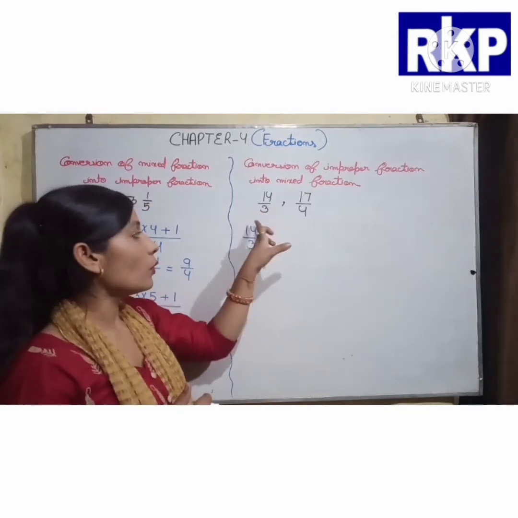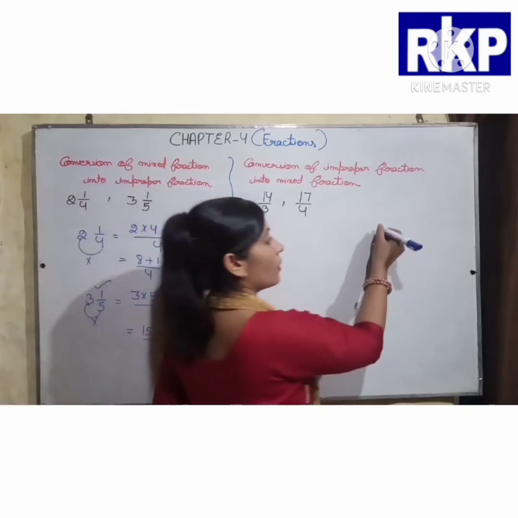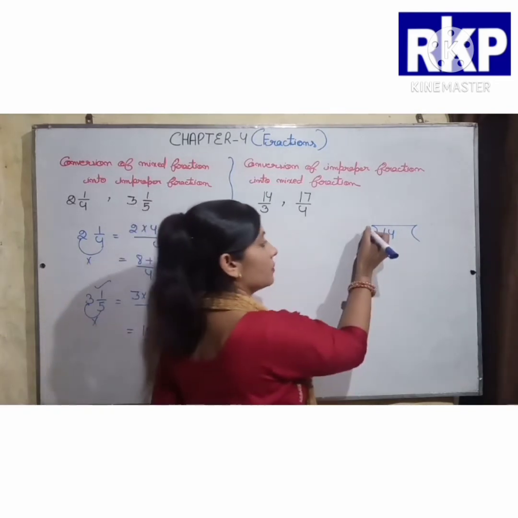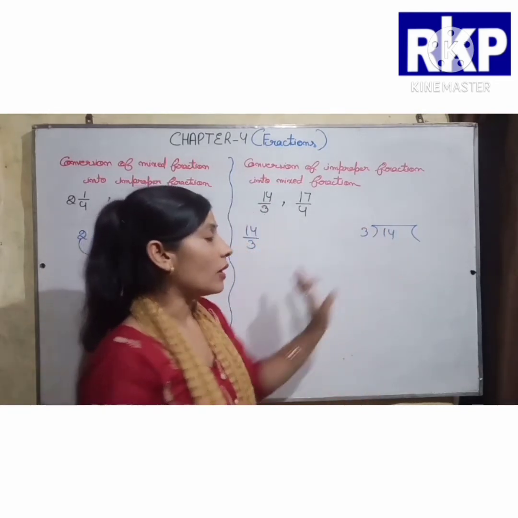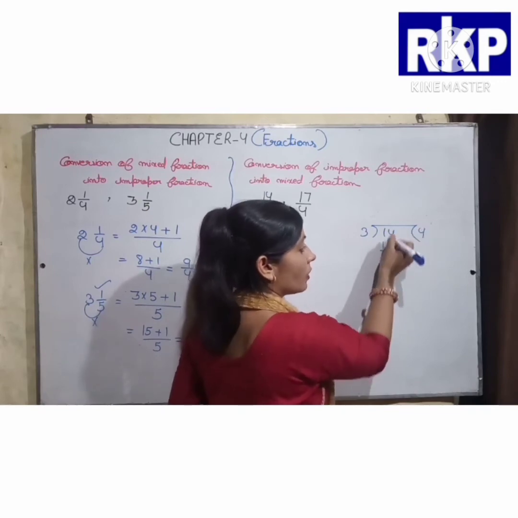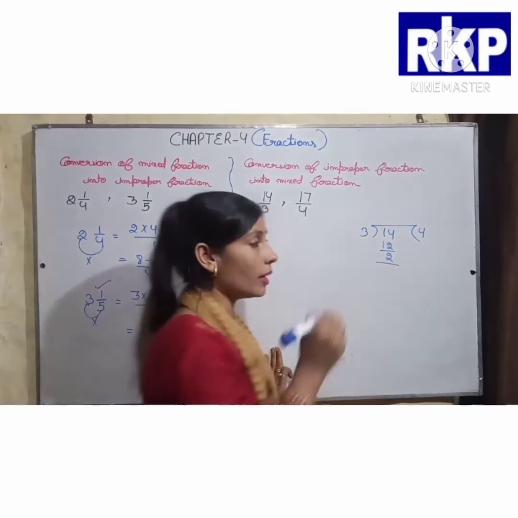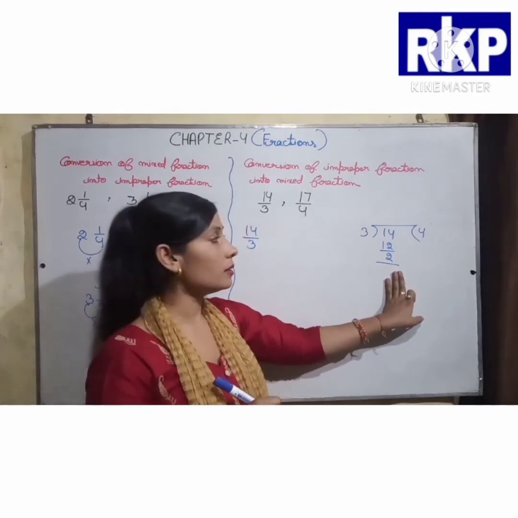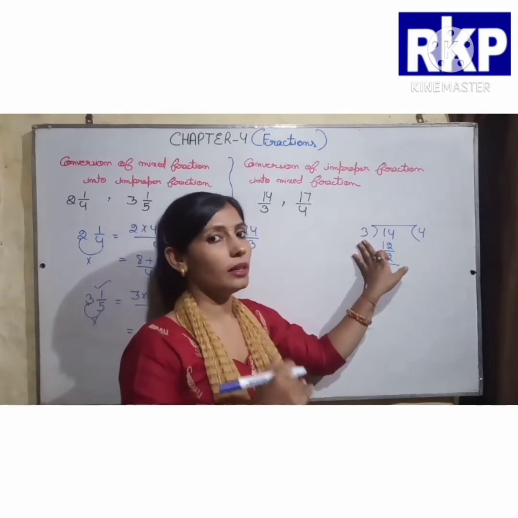We have to divide 14 by 3, and we get 3 4s are 12 and here 2. Here 4 is the quotient, 2 is the remainder and 3 is our divisor.